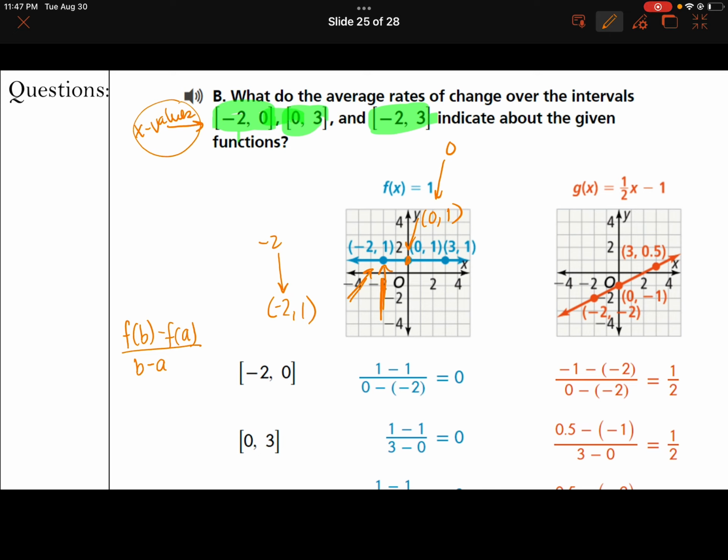So my a would be -2, right? So my a would be this, and my b would be here, which is 0.